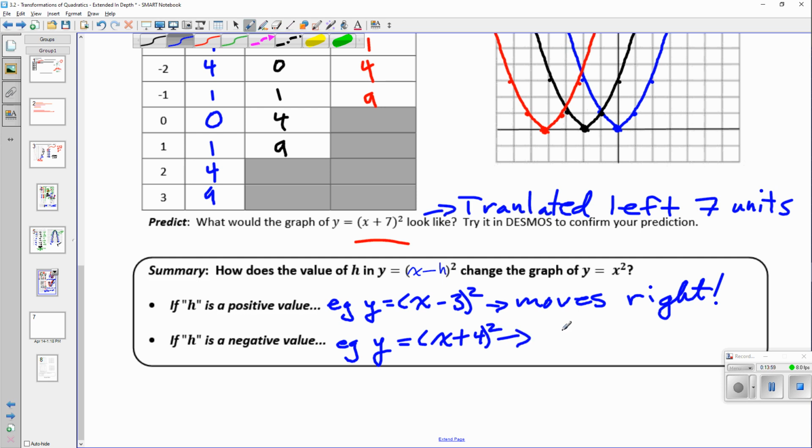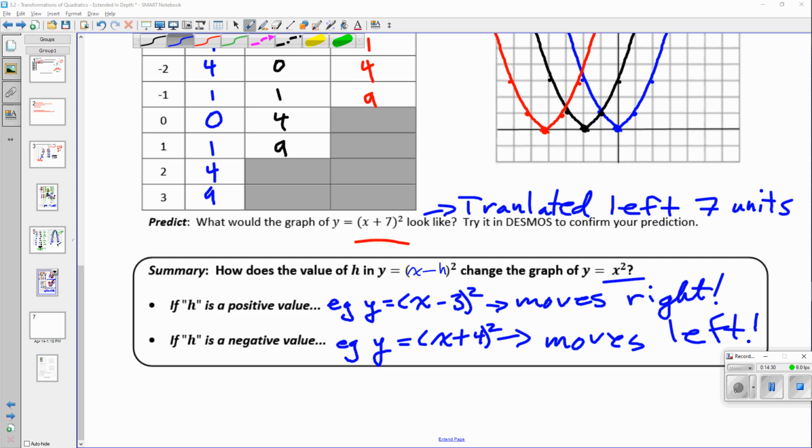This thing moves to the left. So all of the points in our base graph y equals x squared will move either to the left or to the right, depending on whether h is positive or h is negative. So in your work, just take a look at the actual equation and don't worry about what h is. We will figure that out later in the next lesson when we pull all this stuff together.